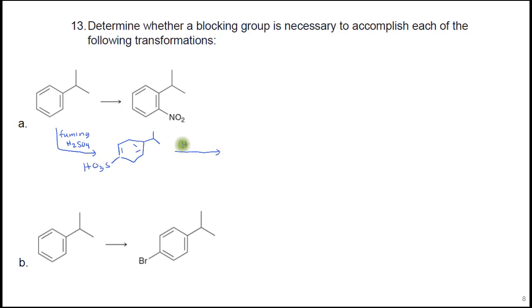Then I can add the nitro group, and that will go ortho. And then to remove the sulfonate group, we just use dilute H2SO4. In letter B, there is an isopropyl group and a bromine that is para. Para is often preferred over the ortho because of sterics, so this one we can just put the bromine right on.